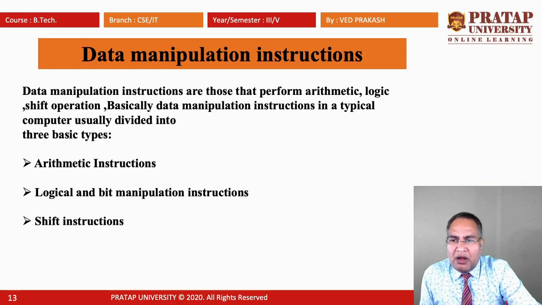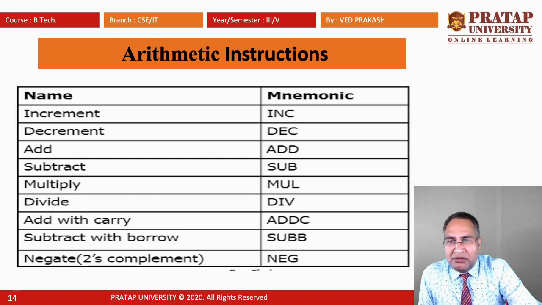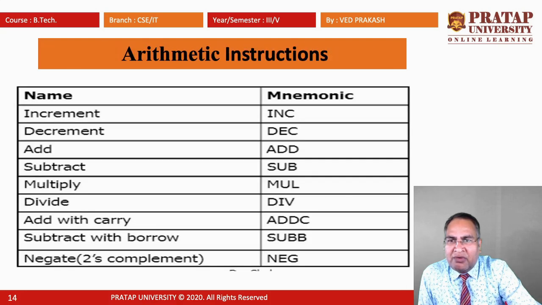Second, logical and bit manipulation instructions, and third is shift instructions. Some examples of arithmetic instructions: increment, decrement, add, subtract, multiply, divide, add with carry, subtract with borrow, negate. Negate means taking the two's complement.